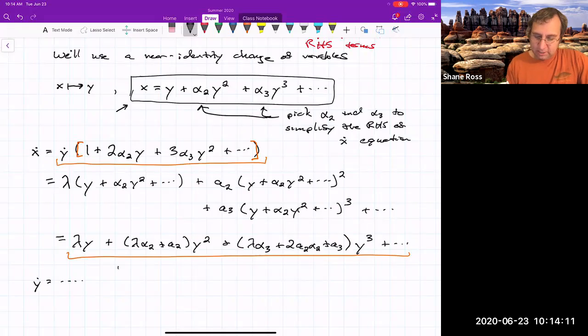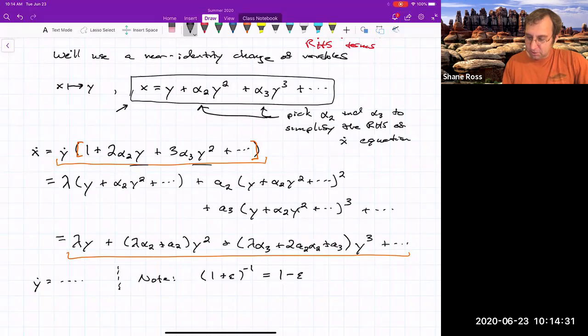Well, we'll use a Taylor series expansion that hopefully you've seen. Whenever you've got 1 plus something small, epsilon, and since x is small, anything multiplying y or y squared and so on is also small, if you take the inverse of that, then this is equal to 1 minus epsilon plus things of order epsilon squared. And this is for epsilon small.